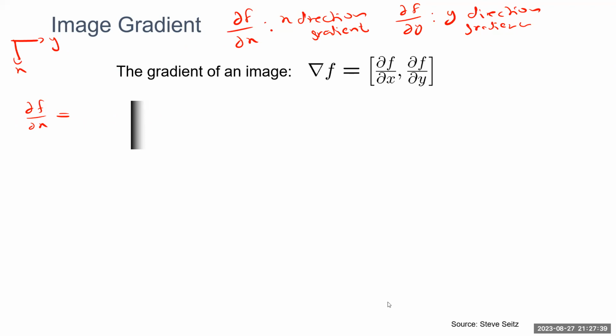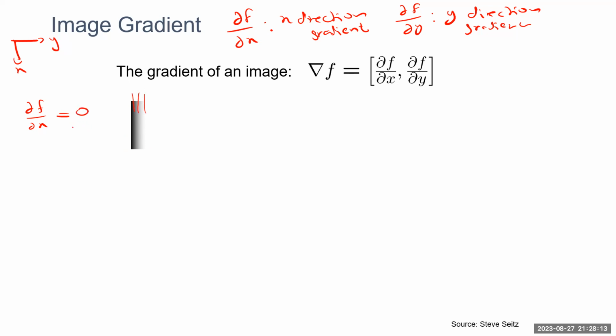It's 0, right? We are trying to get the differentiation with respect to x in this direction. There are no changes, almost if you take one line, there's going to be no change along this scan line. So it's going to be 0.